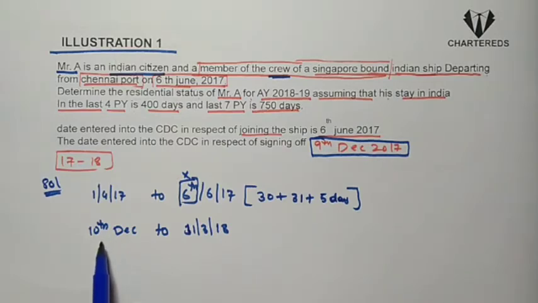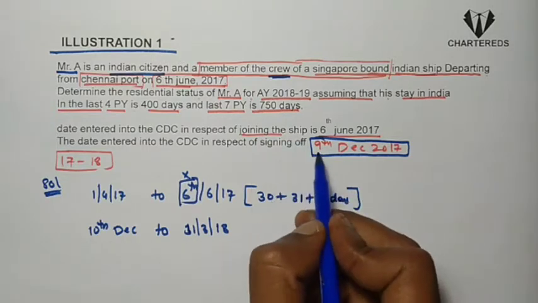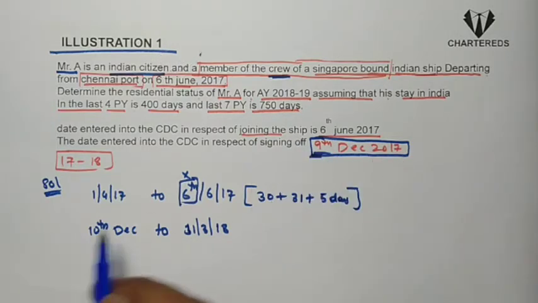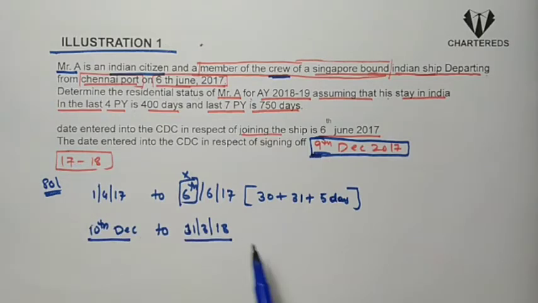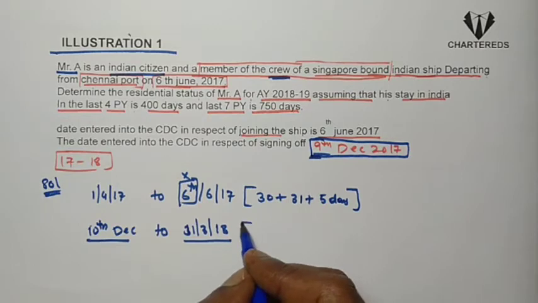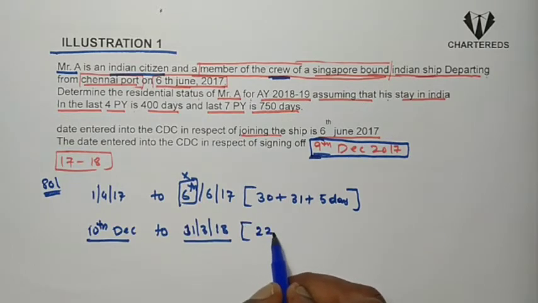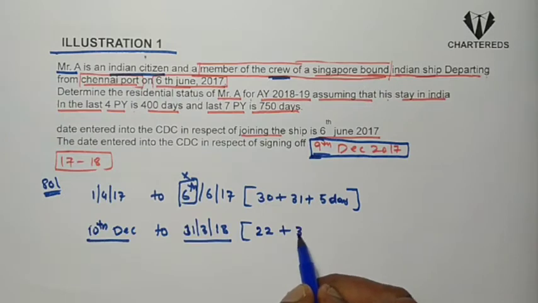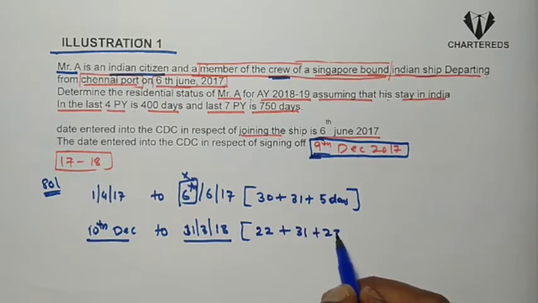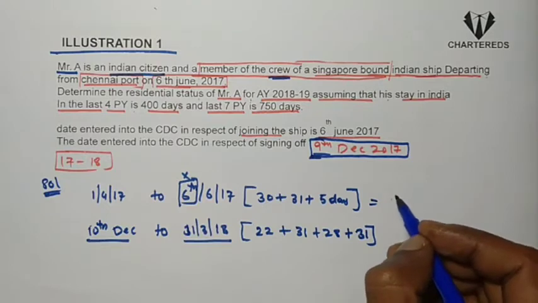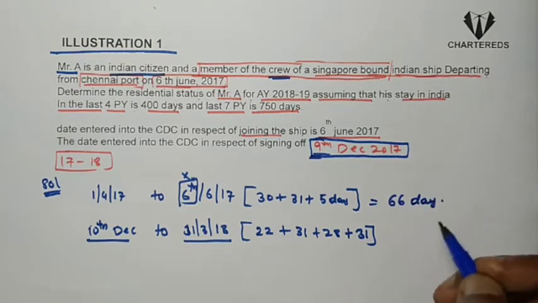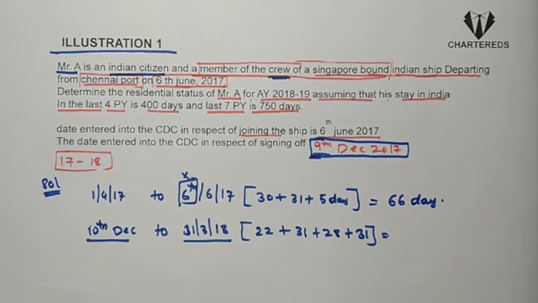From 10th December, 9th is excluded, to 31st March. So in December 22 days, January 31 days, February 28 days, plus March 31 days. 66 days here and 112 days here.